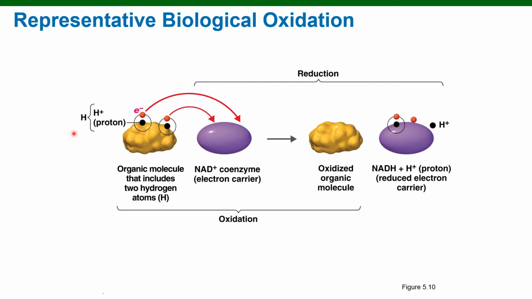This figure from our text more precisely shows a redox reaction as it's specifically facilitated by a molecule of NAD. So if you have an organic molecule over here that is a source of one or more electrons, and NAD plus can then participate in picking up those electrons and their associated hydrogens, then the organic molecule will give up its electrons and hydrogens, and it will be described as oxidized.